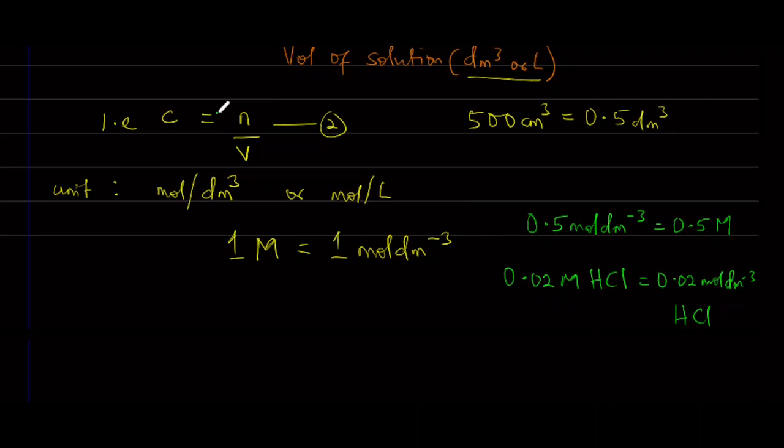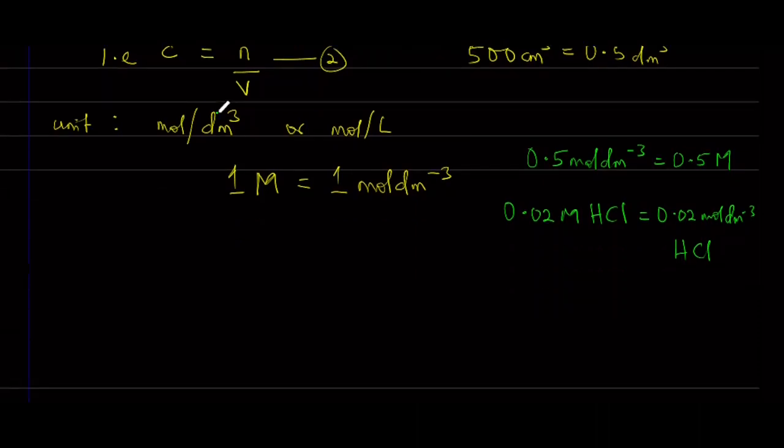Now let's look at another important unit, which is known as molal concentration, otherwise called molality. What is molality? Molality is the amount of solute in moles dissolved in 1 kilogram of solvent in the solution. Let's look at the formula.